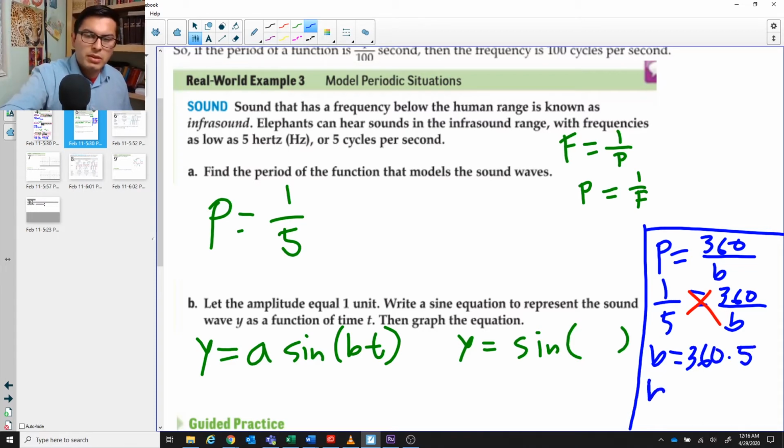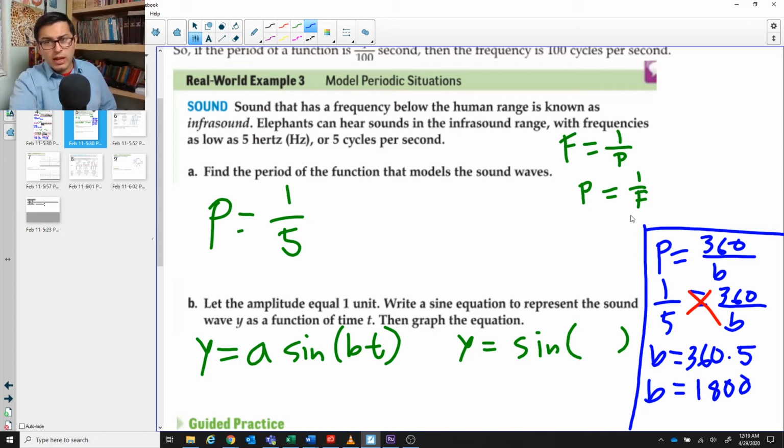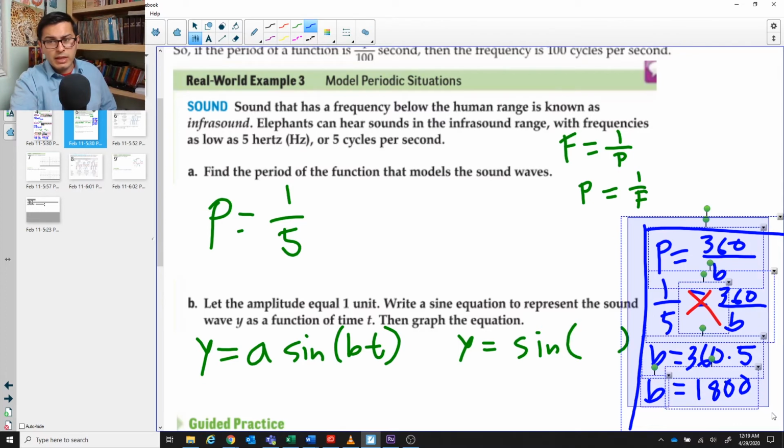So b in this case is going to equal 1,800.